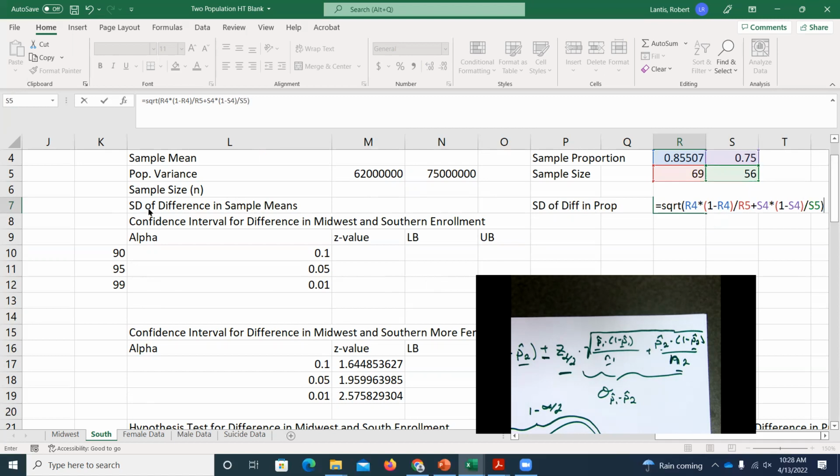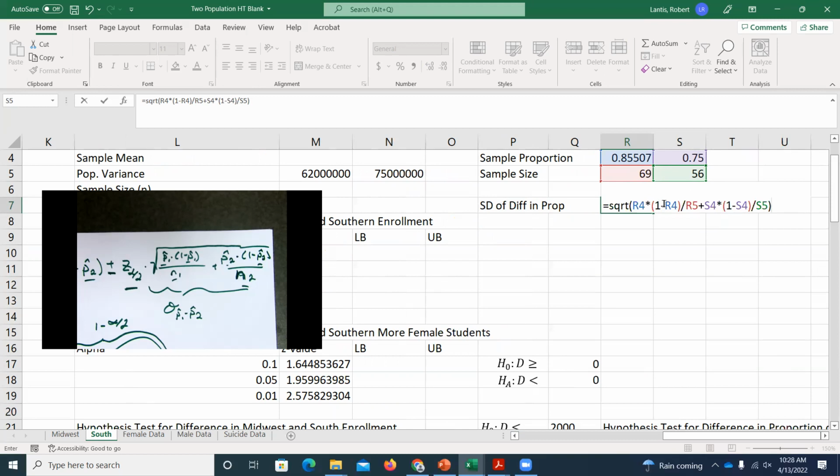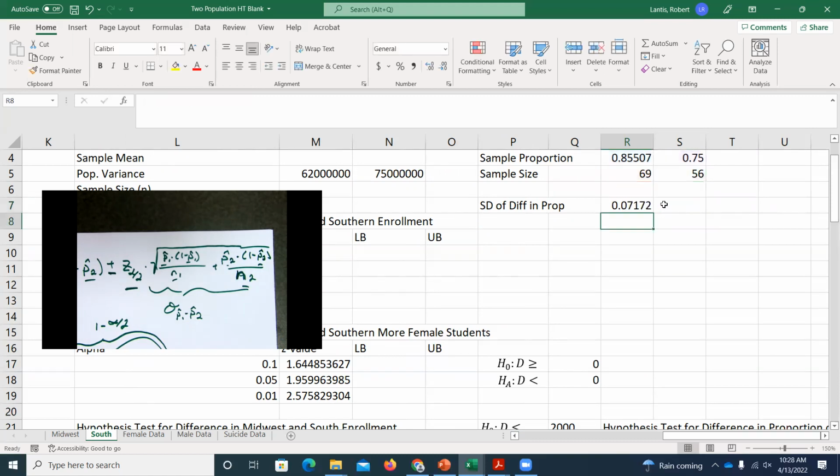Okay. So I'm just using Excel to be my calculator and kind of breaking this down in steps. Any questions on that? Okay. Excuse me. So we get about 0.07.